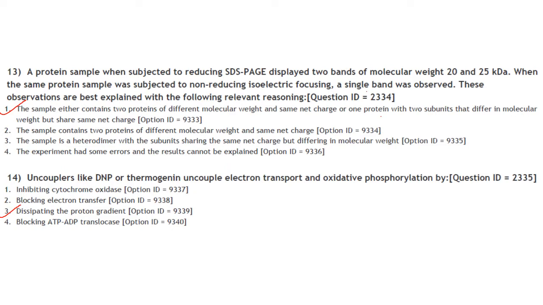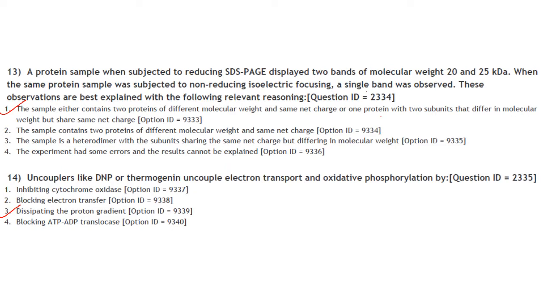So the sample contains either two proteins of different molecular weight, yes, chances are there that they are two proteins with different molecular weights, or one protein with two subunits that differ in molecular weight, or it can be a single protein of say 20 plus 25, that is 45 kDa protein, which got separated into two heterodimers, or else I can say two different subunits, because these two subunits are linked by disulfide bonds.